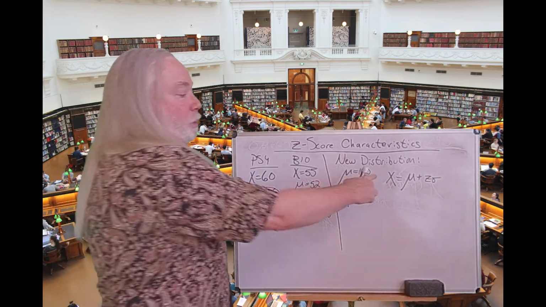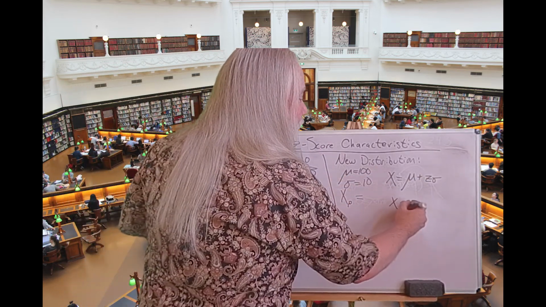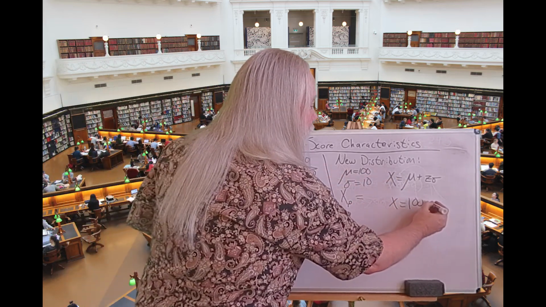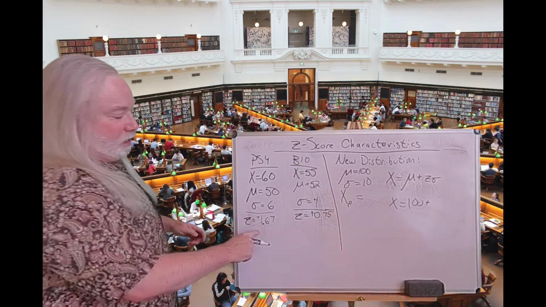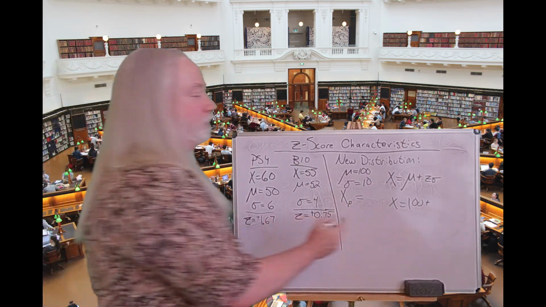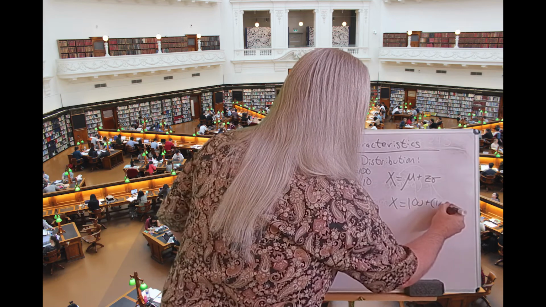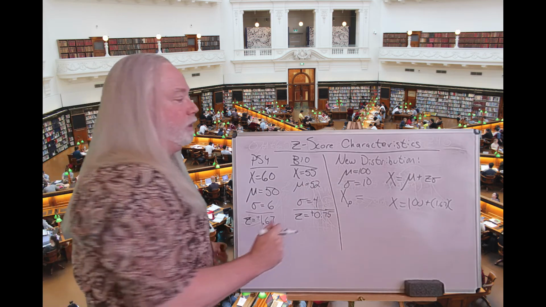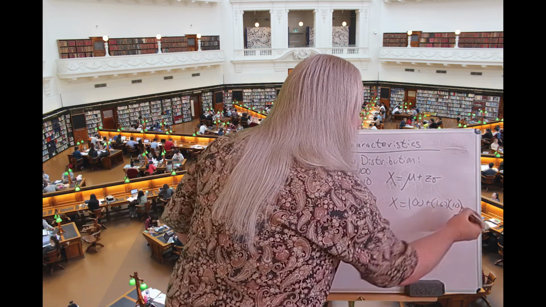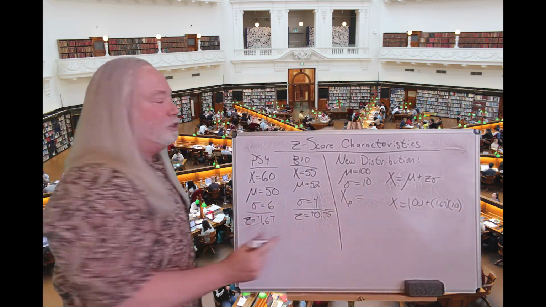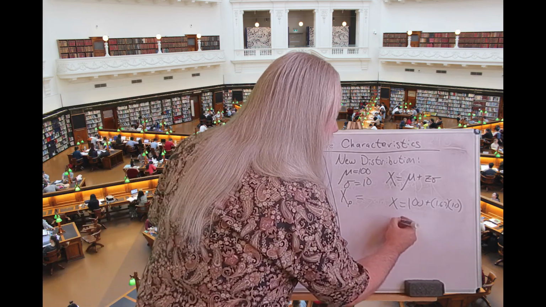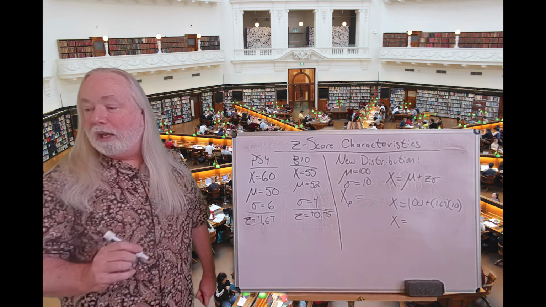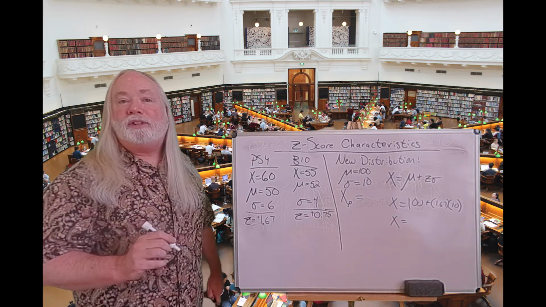So we want to know what the score is. That's what we're trying to figure out. The new mean is going to be 100. The z that we're working with here was positive 1.67. And the new standard deviation is 10. So now we just use your algebra chops, 1.67 times 10, and then add that to 100. And you should find that this new raw score is 116.70.